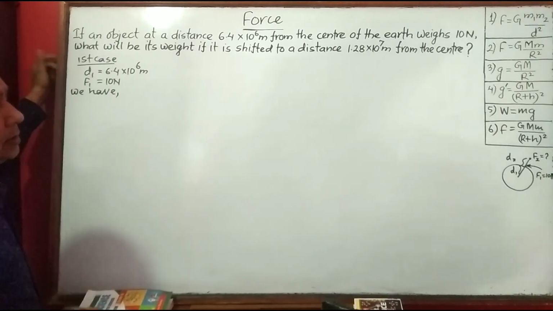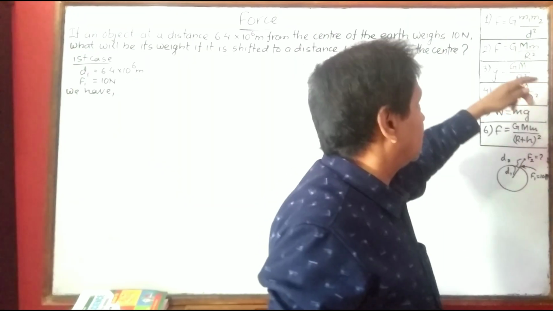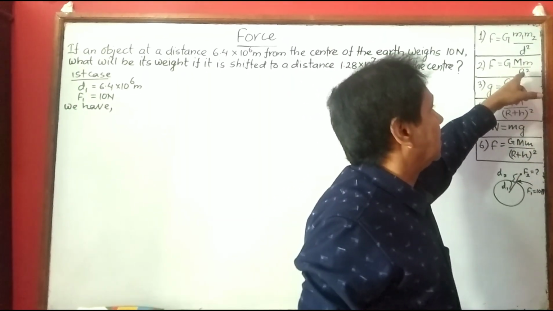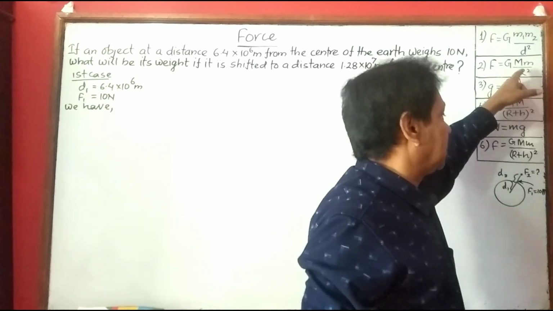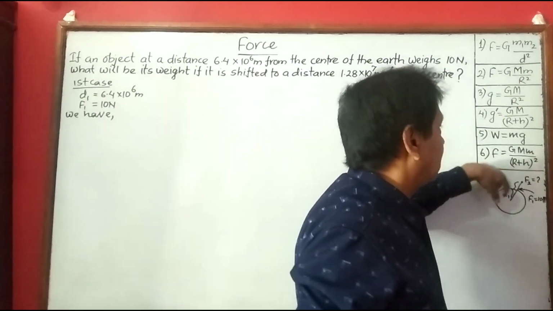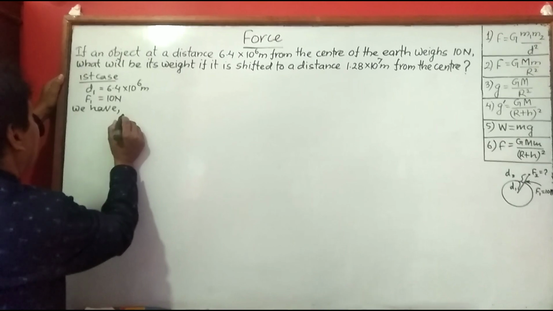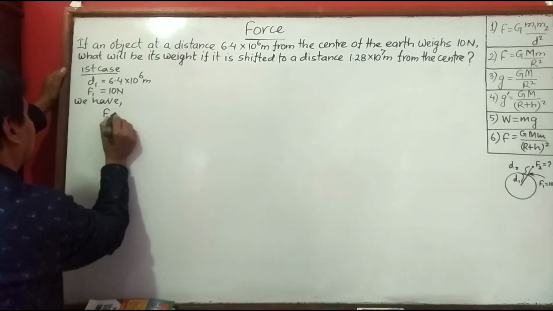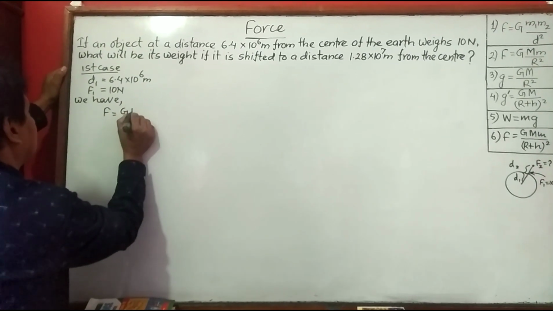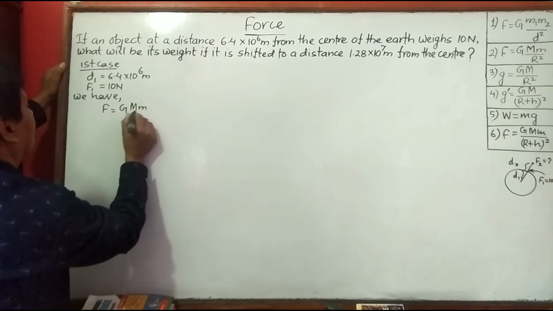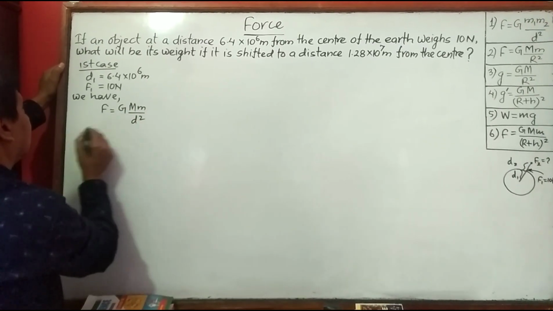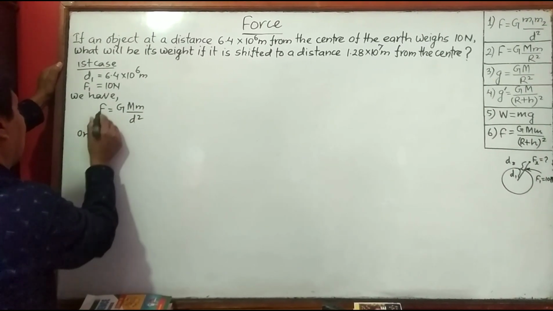Now we have one equation we can use. This equation can be used, but instead of using R, we are using distance D because there are two distances. That's why we have F is equal to capital G, capital M, small m by D square, and F is 10.